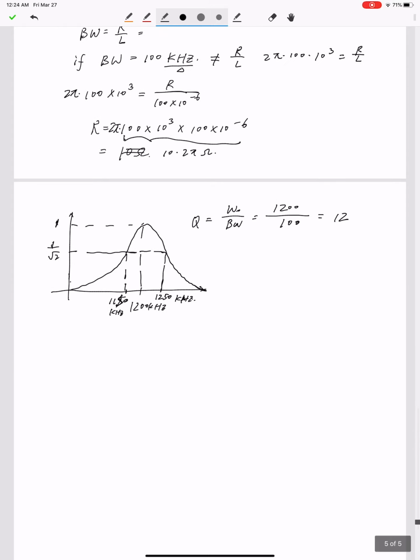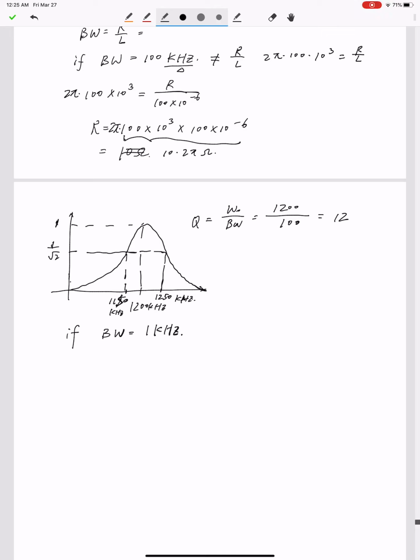and let's take another assumption. This time let's pick a much smaller bandwidth, which is only 1 kilohertz. Okay. Then we can find the corresponding resistance.